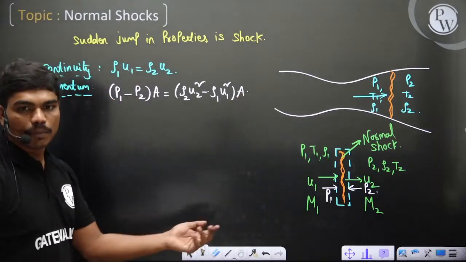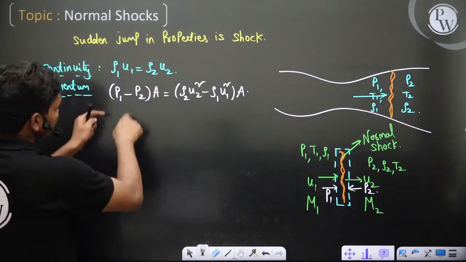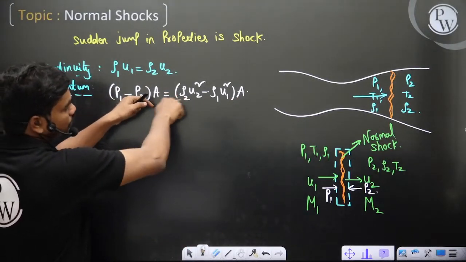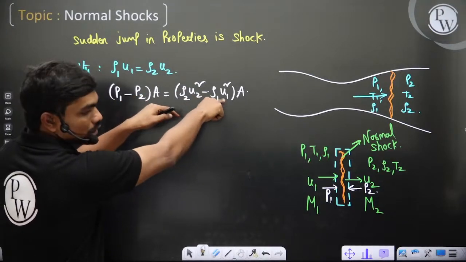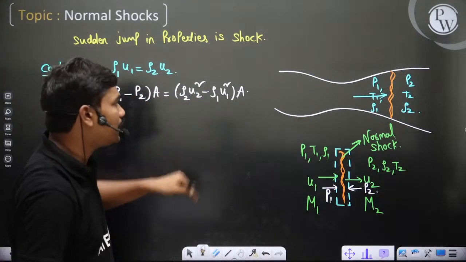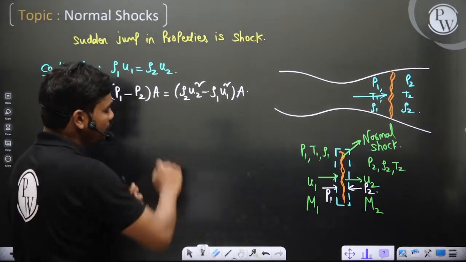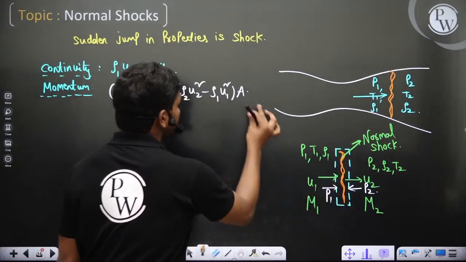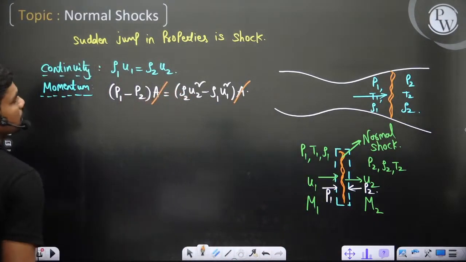Normally we have seen this in Reynolds transport theorem, that summation of F is equal to summation of momentum leaving out minus summation of momentum coming in. That's how this equation is framed. You can see this area and this area get cancelled.